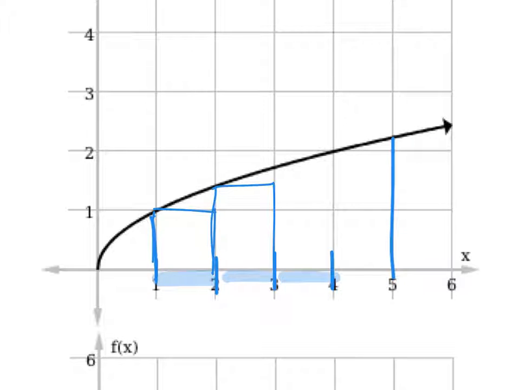Start from 3, goes up, and then down. And then the last one, start from 4, goes up, and then down, like that. Okay, and then we want to figure out what is the area, the sum of those 4 rectangles.